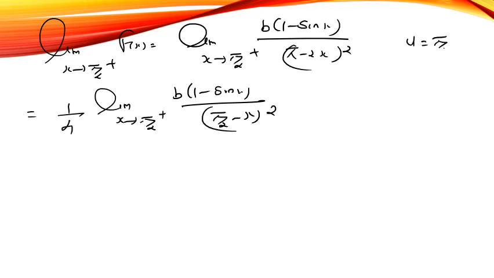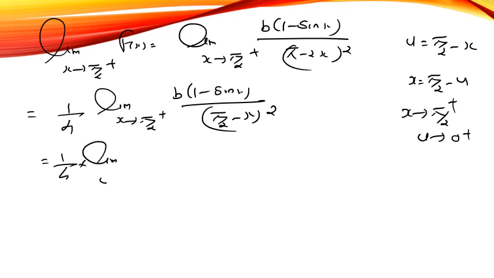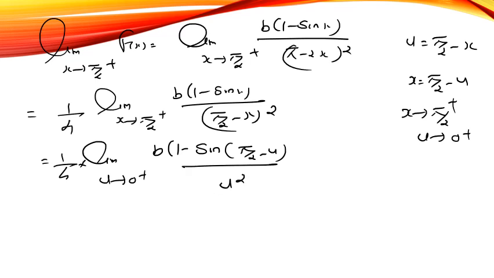Substitute u is equal to pi by 2 minus x. So x is equal to pi by 2 minus u. When x tends to pi by 2 plus, u tends to 0 plus. Therefore, 1 by 4 into limit u tends to 0 plus of b into (1 minus sin(pi by 2 minus u)) by u square.